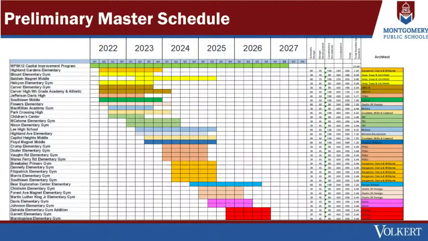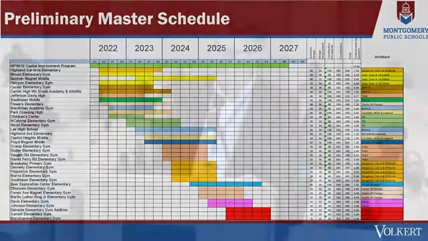The design phase will likely start a little bit further to the left on this chart once I start getting the architects' agreements completely signed and get them under contract. But one of the reasons Lee is starting where they are, we've got to make sure we got our land acquisition finalized instead of starting earlier.